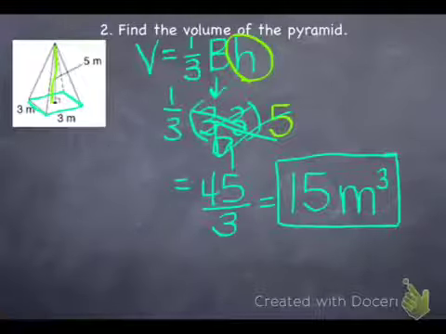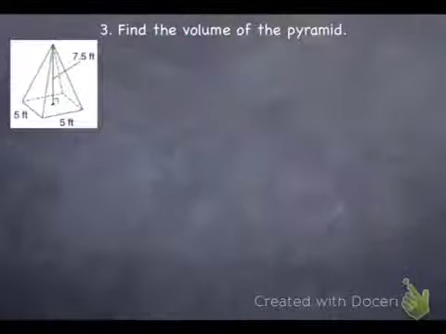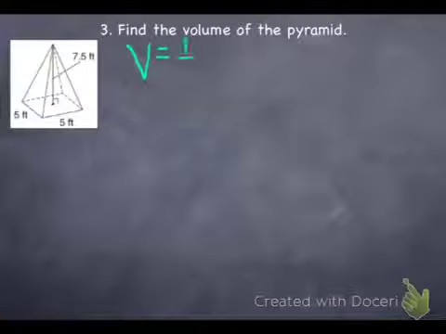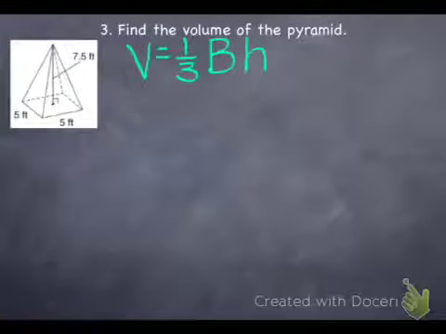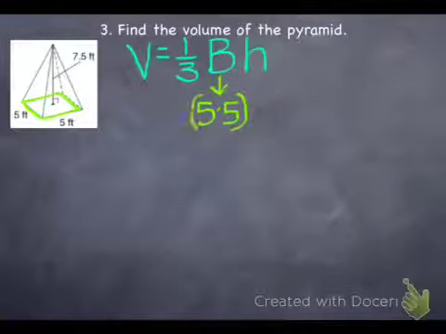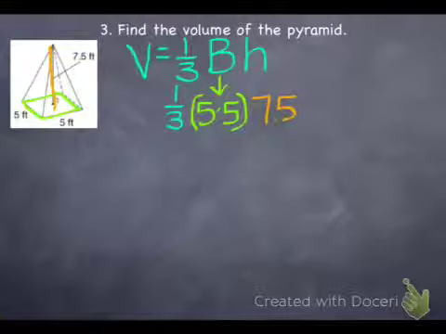So let's try another one of these volume of a pyramid problems. Again, that formula is volume equals 1/3 area of the base times the height. So for this one, our base is 5 by 5 this time. Bring down everything else, 1/3. I can also simplify my height if I would like. The height on this one is 7.5.